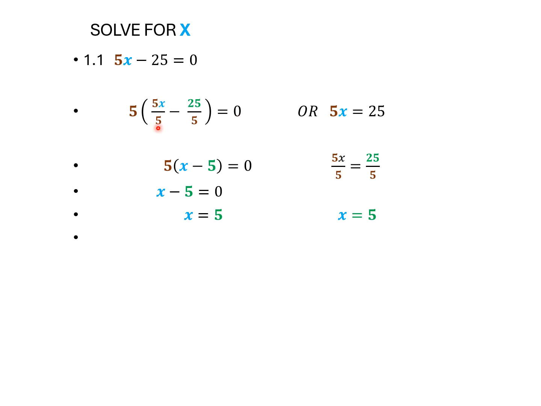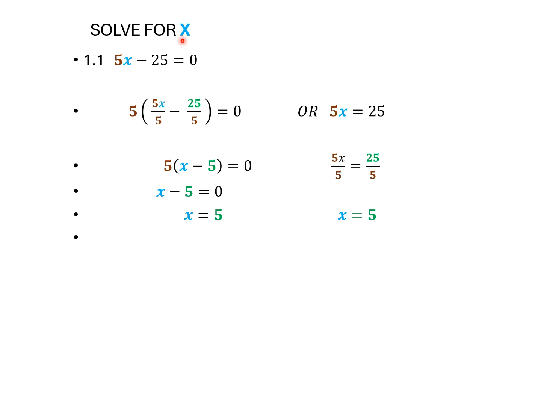So 5x divided by 5 gives me x. 25 divided by 5 gives me 5. And that stays negative. Right, so 0 divided by 5 is 0, so therefore that 5 falls away. And I'm left with x minus 5 equals 0. If I take negative 5 across, it becomes positive 5, therefore x equal to 5.